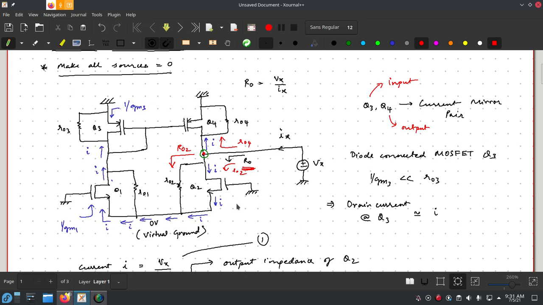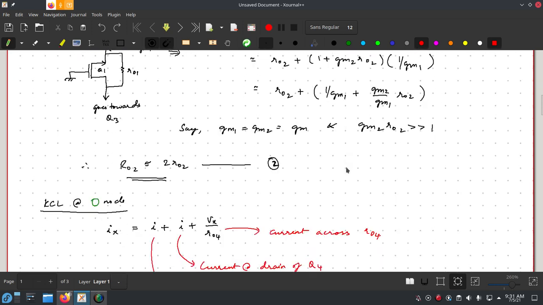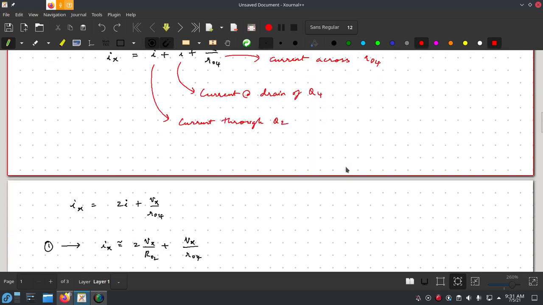So you can intuitively say that the output impedance is a parallel combination of r02 and r04, right? That is what we just derived now. So this is what the output impedance is.